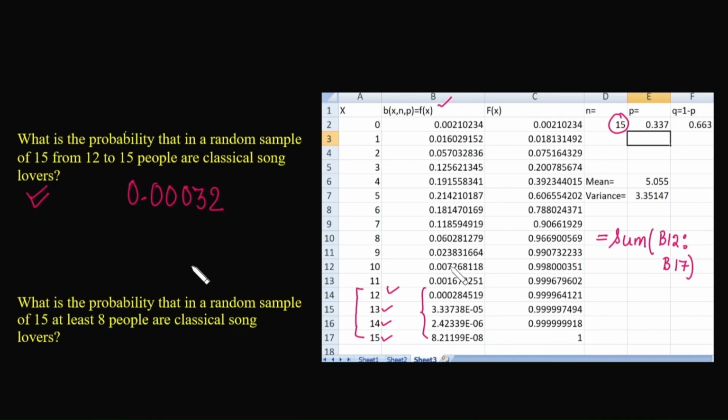Next question is the probability that in a random sample of 15, at least 8 people like the classical song. At least 8 means we need to find the probability x greater than or equal to 8. So we need to add these entries starting from the B10 cell to B17.